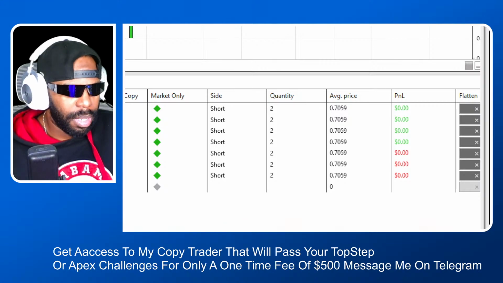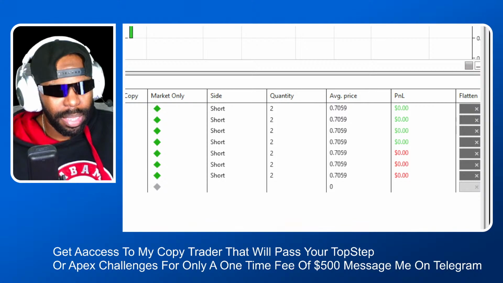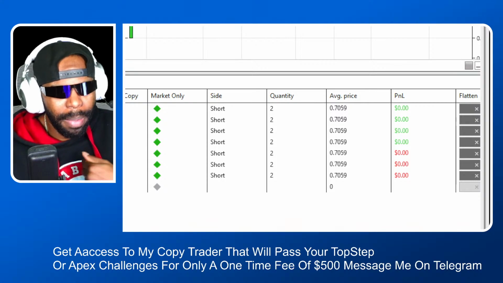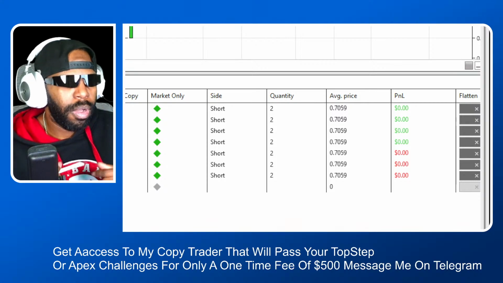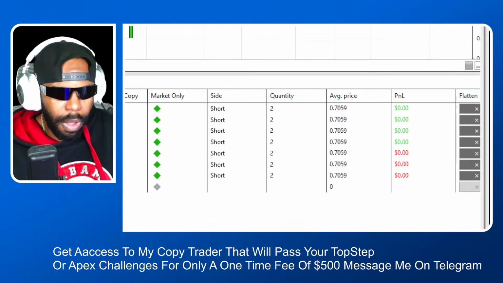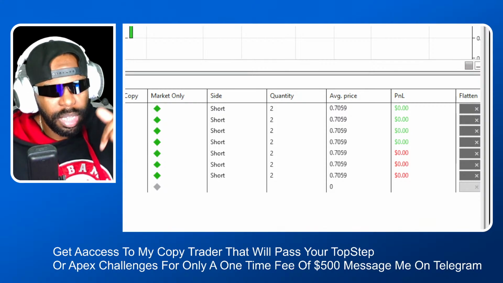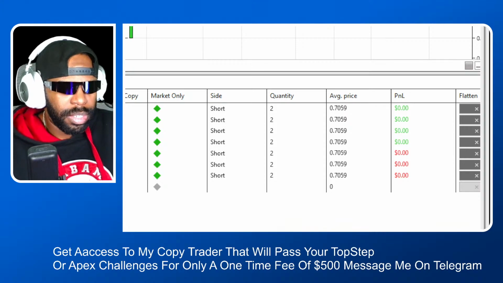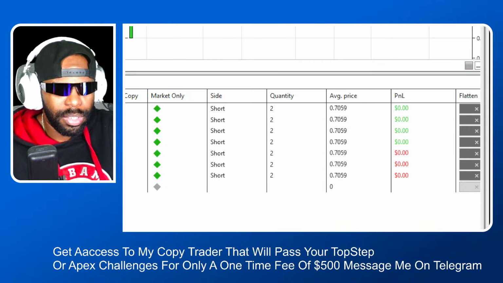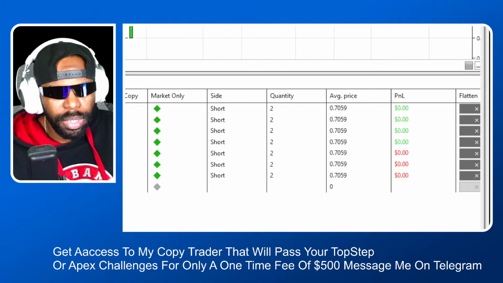Don't get a Top Step TraderVate or a Top Step X account. Get a Top Step Rhythmic account, and then you'll be able to copy my trades that I place from TradingView over to your account automatically. Just message me on Telegram after this, and I'll reach out to you and get you set up. But you will need a VPS.